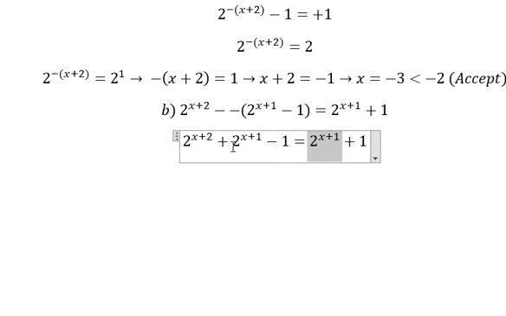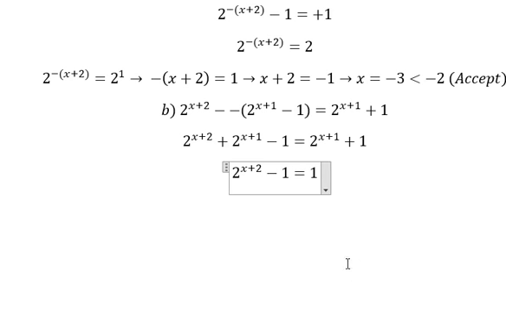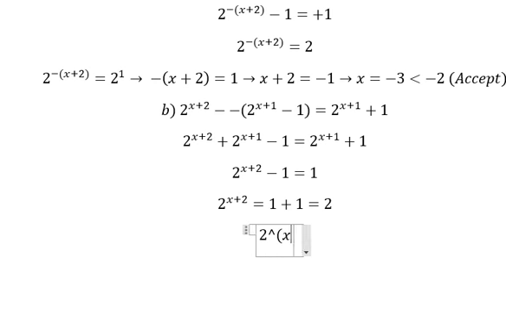This one and this one we simplify. Negative number 1 we put on the right, and you got about 1 plus 1, and that's equals to number 2. Number 2 is about 2 to the power of 1.